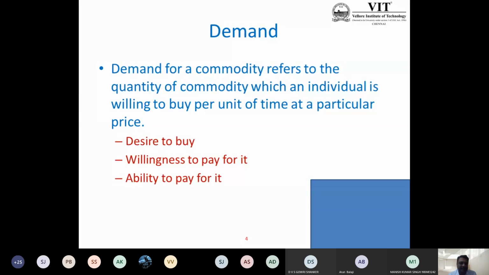You also personally will have a list of a few things that if somebody gifts you, you will use, but if you go to a market, you will not buy. Do we create demand for such products? No, sir, because willingness to pay for it is not there.